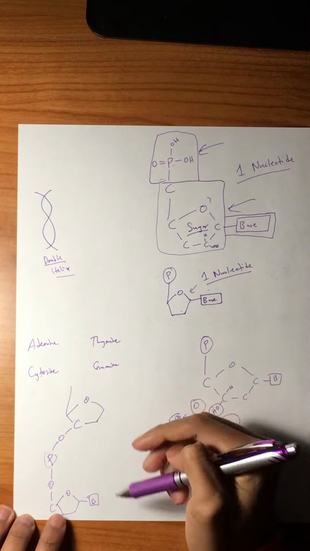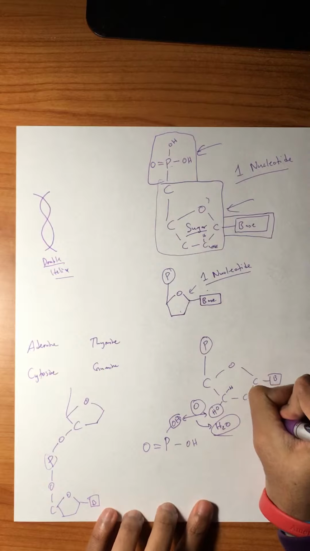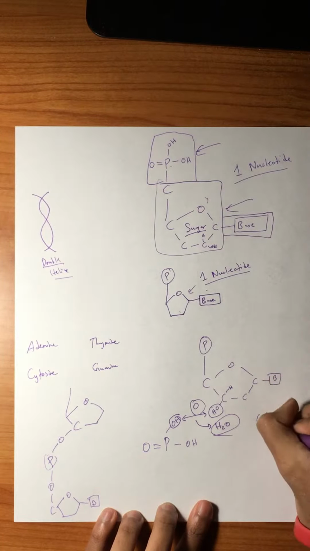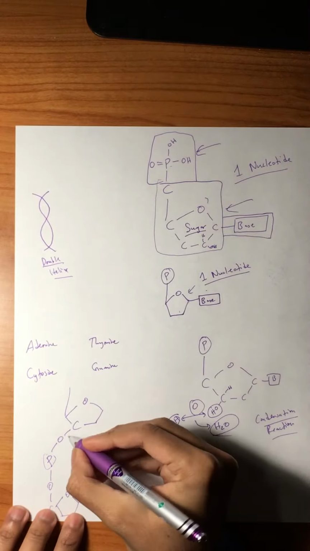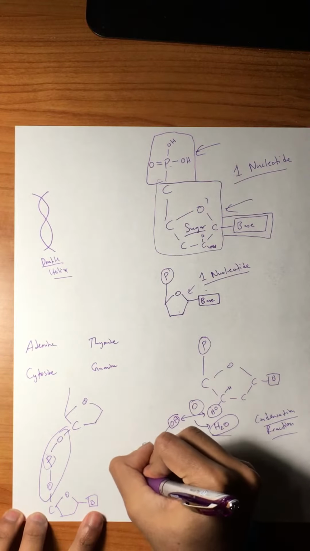This process is called the condensation reaction. This is how nucleotides link together. And this entire bond right here is called a phosphodiester bond.